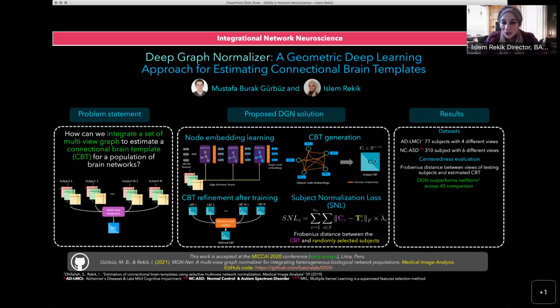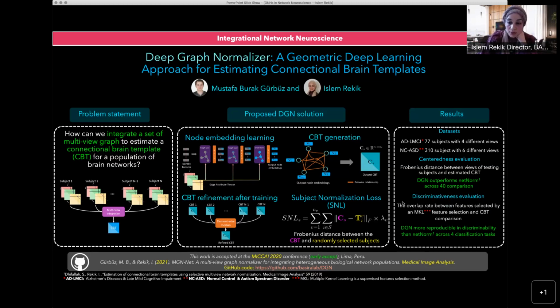So basically, this is very helpful in terms of population fingerprinting, comparing different brain states across multiple cohorts with a very simple operation that we can use, which is subtracting two matrices. So if you're interested, you can also read the Medical Image Analysis paper.